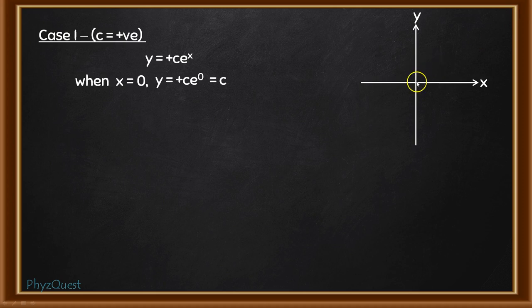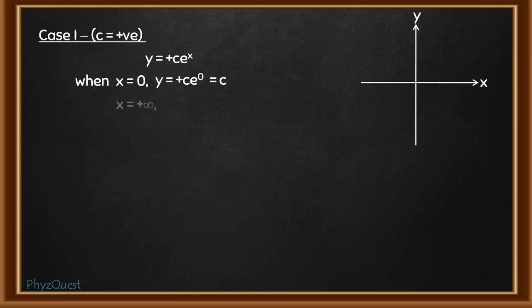So when we plot this here, at x equal to 0, y will be at some place on this axis, towards the positive side.